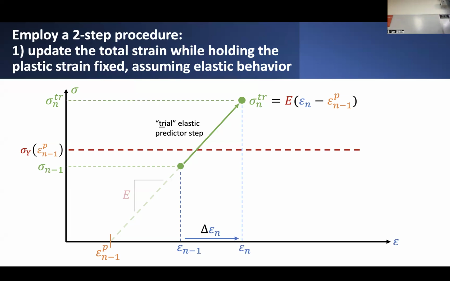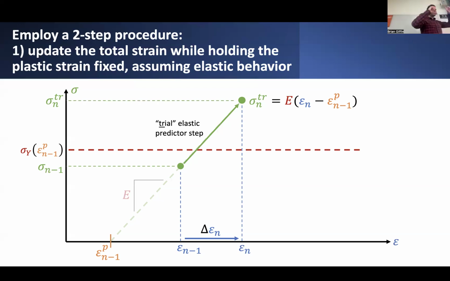Now, in the subsequent plastic corrector step, we assume the opposite. During the corrector step, we've already updated the total strain, so just freeze it. Don't actually increment the total strain. Keep it held fixed at epsilon sub n, because we've already gone up to here. The only thing that we're going to change during the corrector step is the plastic strain.